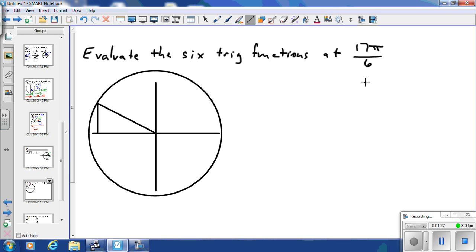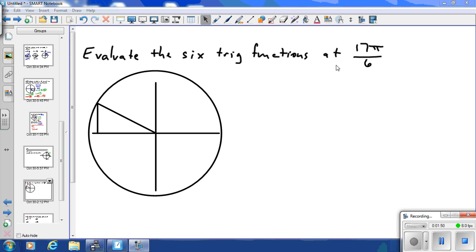What I basically did was divide by 2 pi, because that's how many times around I go. If you divide 17 pi over 6 by 2 pi, you'd get about 1.58, which would tell you to go 1 and almost 1.5 times around the circle.